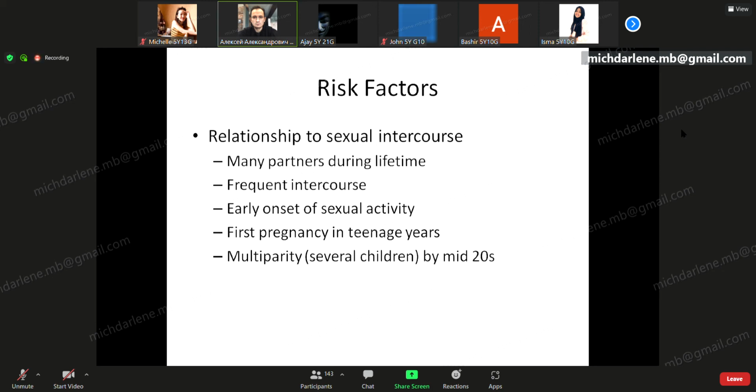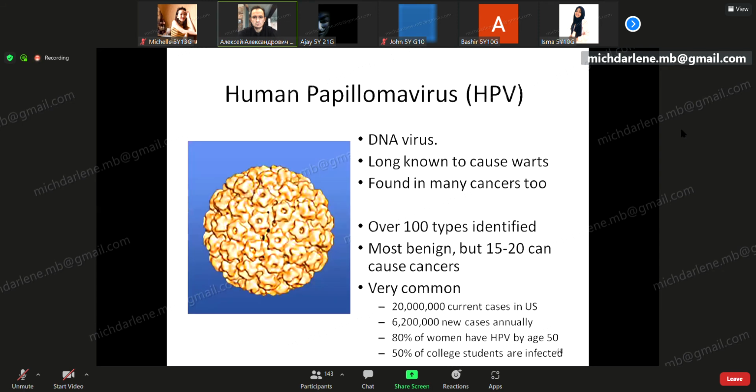Many partners, frequent intercourses, early starting of the sexual life, first pregnancy in teenage years, and so on and so forth. But it goes through the contact with the specific microorganism, specific virus. And that virus has the name human papillomavirus.